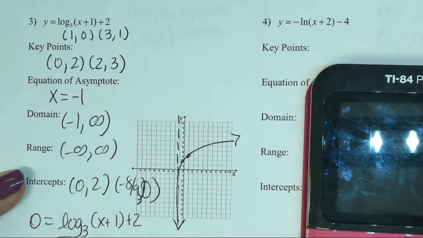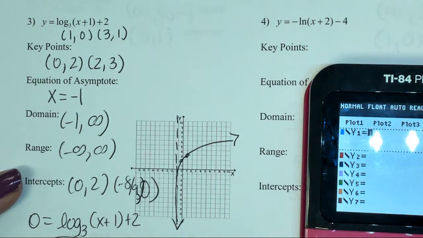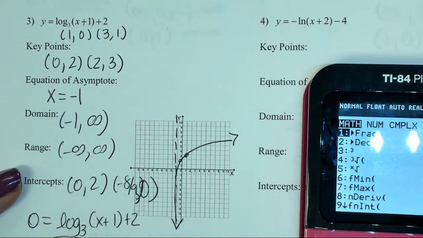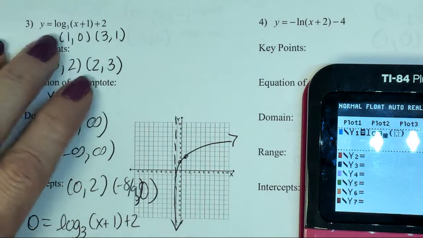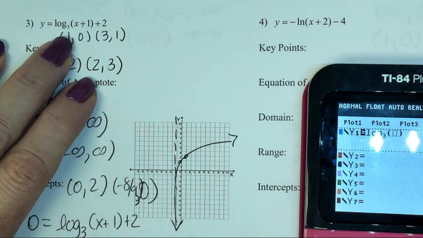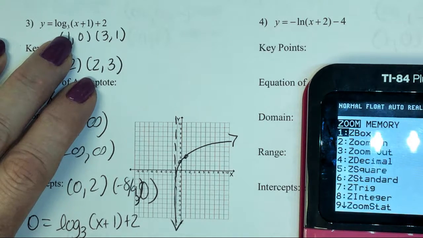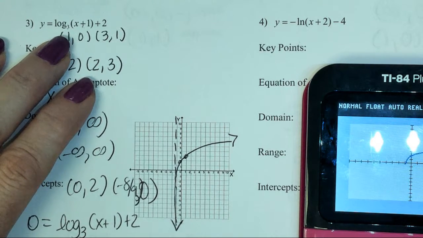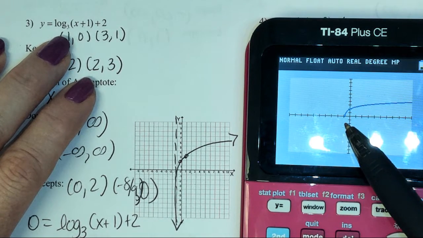All right, and then if we weren't sure if we did it right, I could go to y equals, math, log base 3 of x plus 1, plus 2. So here's our graph. And if you give me a graph like that, it's going to be wrong.